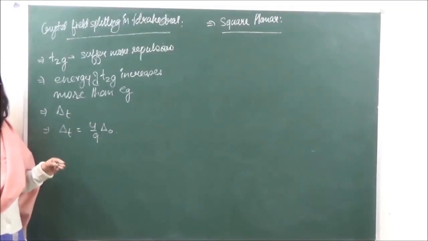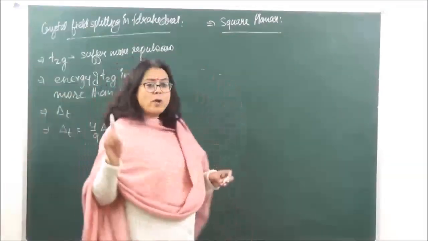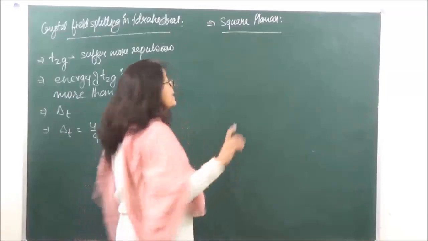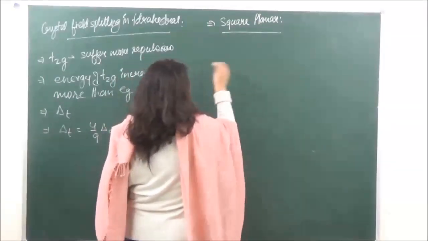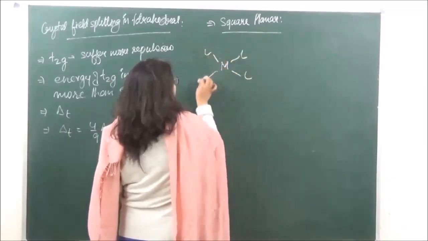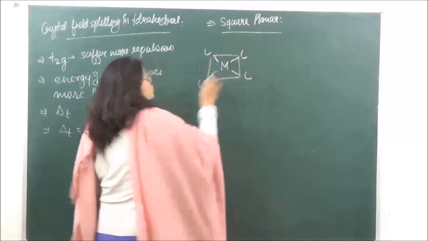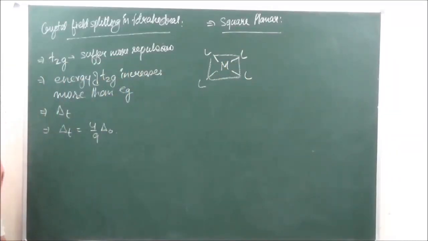If you draw an octahedral complex, there are 2 axial positions, but there are no axial positions in square planar. So we have 2 positions less than the octahedral.